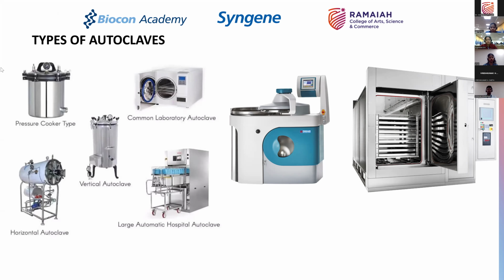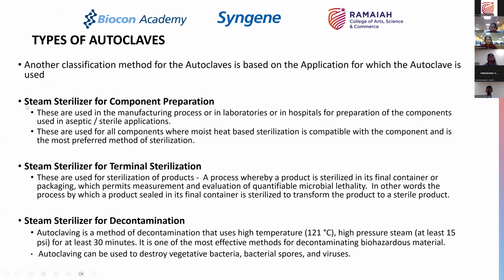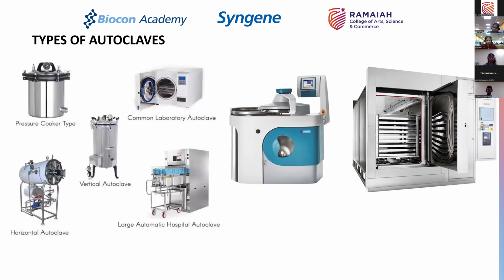In all these systems, what happens is, if you look at the pressure cooker type or the common laboratory autoclave, there will be a water bath or a water trough in which water is poured, and that is heated, which generates the steam in situ inside the chamber.